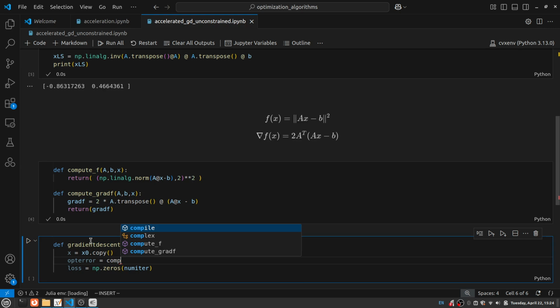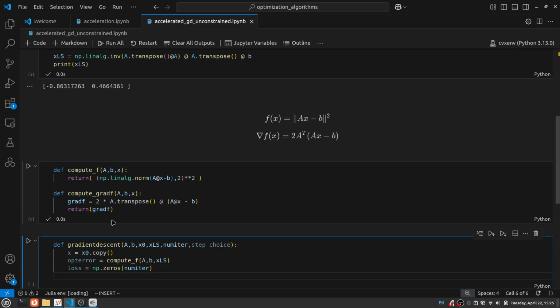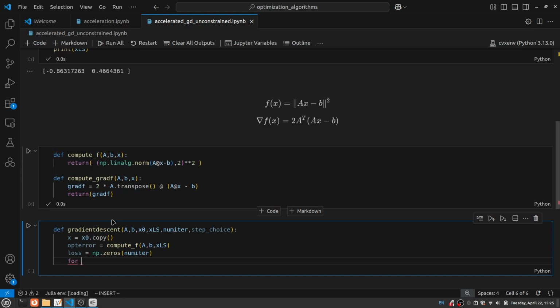So this is nothing but compute f of A, b, x_LS. This is the optimal error that I can possibly hope for, and at every stage I'll try to find out how far away I am from the optimal error. Total number of iterations.